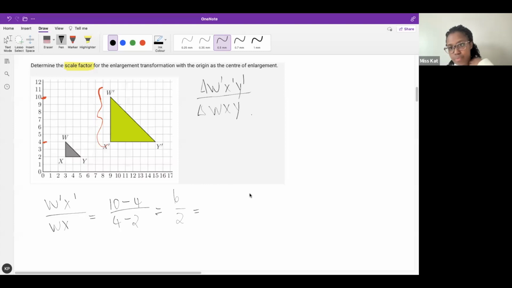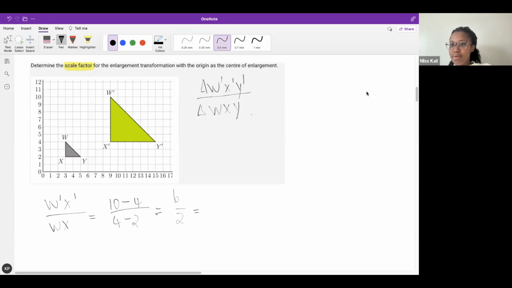It ended up being 6, and we got the answer 6 from 10 minus 4. But remember, if you don't have blocks, you should still be able to visualize it, right? If the shape starts at 4 and goes up to 10, then you just know that it took 6 blocks. You get it? Okay.